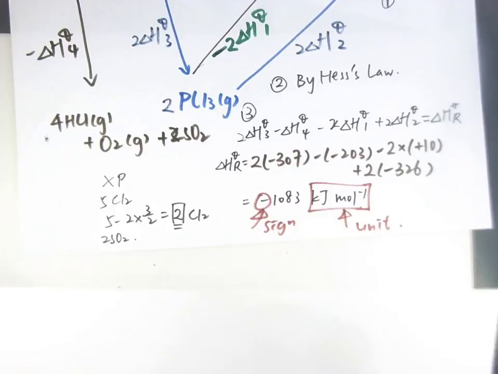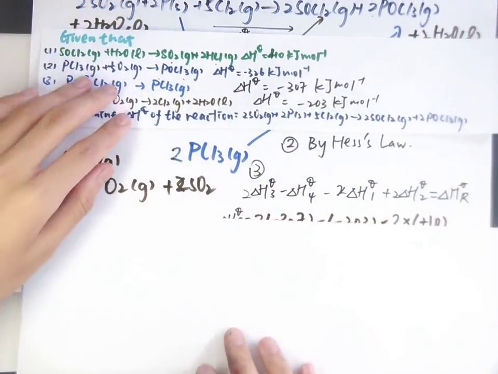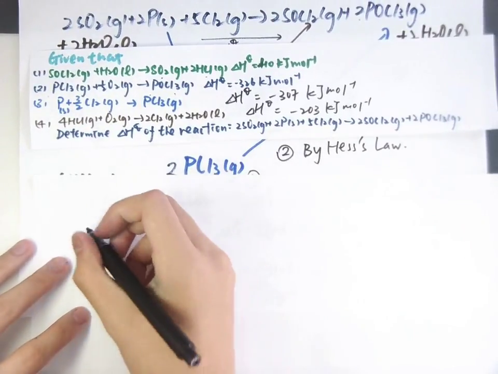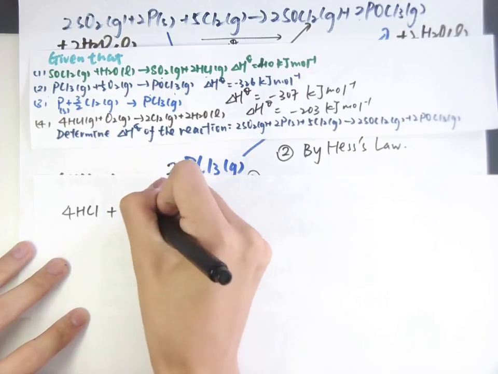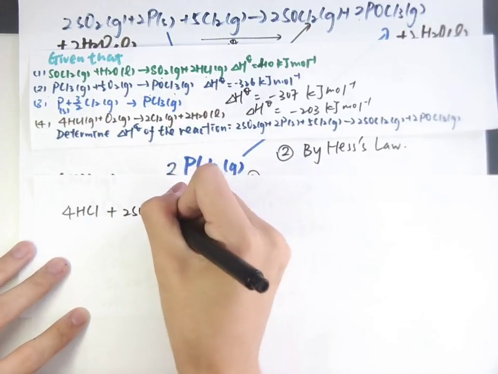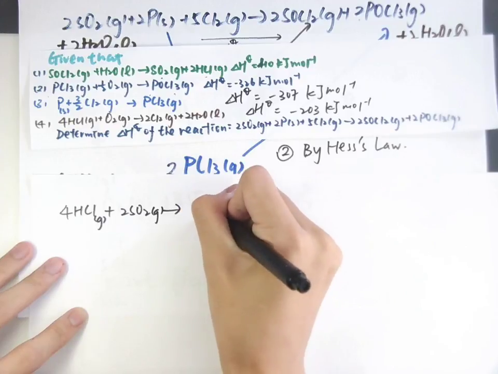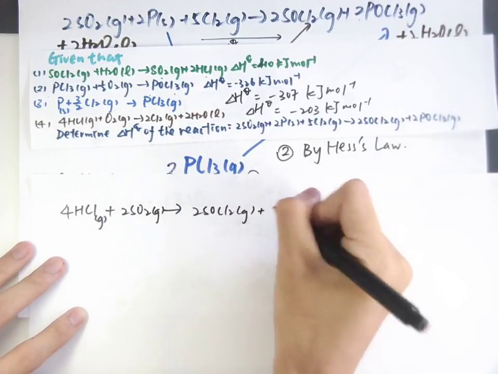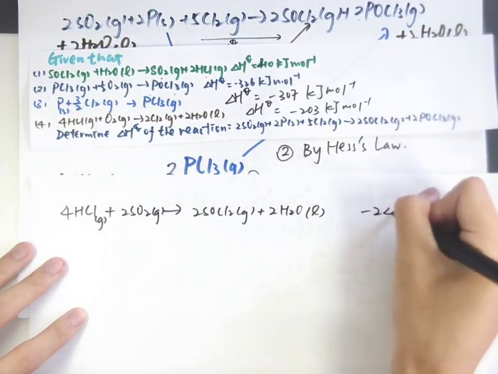So, negative 2 delta H1 actually means, the question is over here, 4 HCl plus 2 SO2 gives us 2 SOCl2 plus 2 H2O. This is negative 2 delta H1.